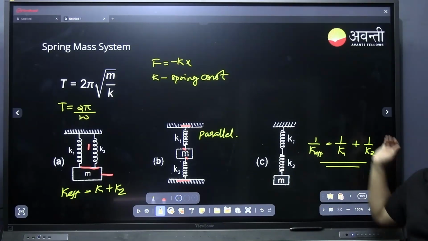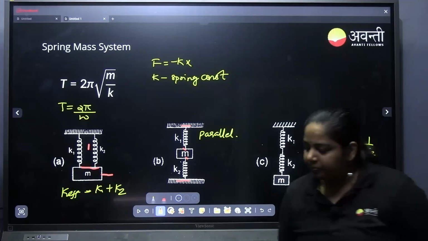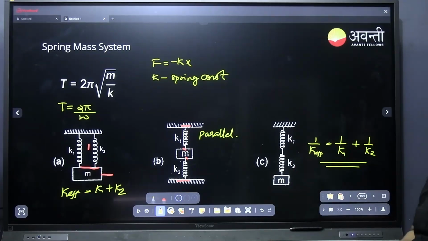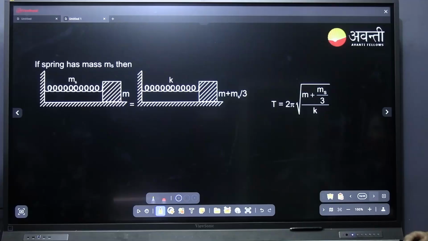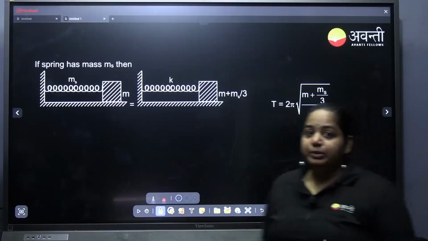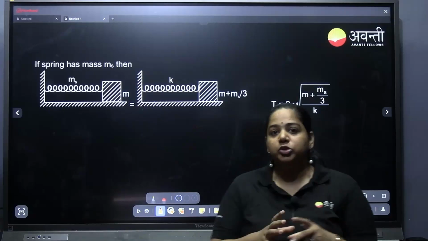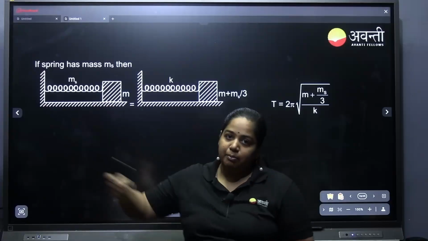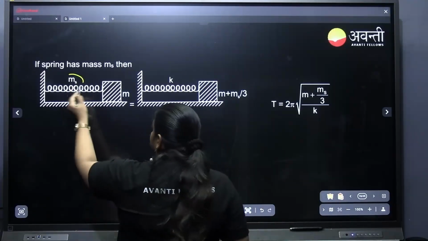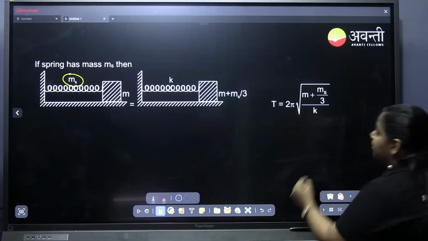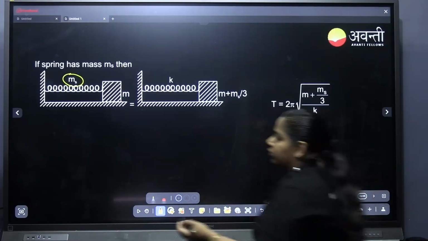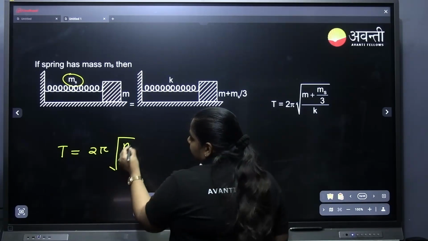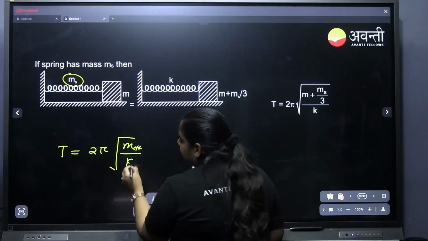Do you have any doubt in this spring connection combination? Okay, so we can move on. Next is if the spring is having any mass. Usually we will take a spring with negligible mass, but in case the spring is having mass ms, your time period equation will change. Usually the time period is equal to 2 pi root m effective by k effective.